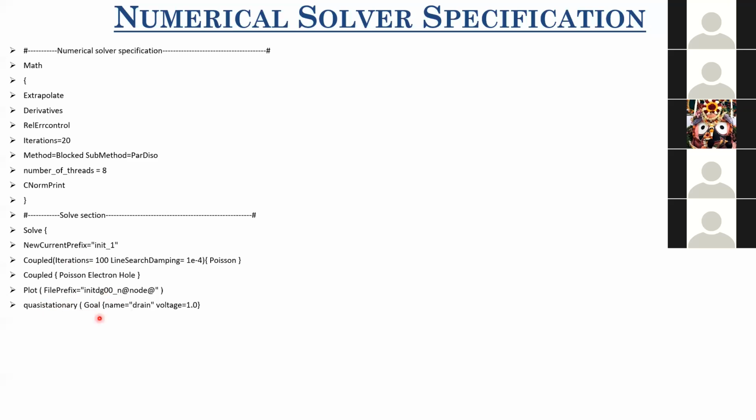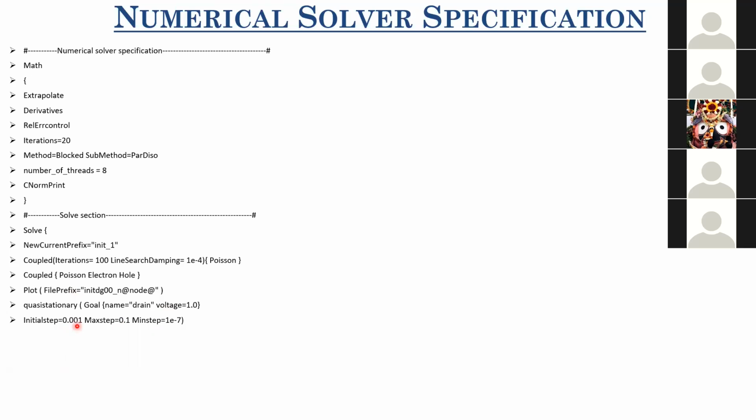Here the goal is to first ramp the drain voltage to 1 volt. We also need to define the step of increasing of these voltages, the max step and the min step. What happens is you start with 0 volts because that was the initial condition. The simulator solves it for 0 volts. Then it increases the voltage by 0.001 volts. Then it starts solving it.